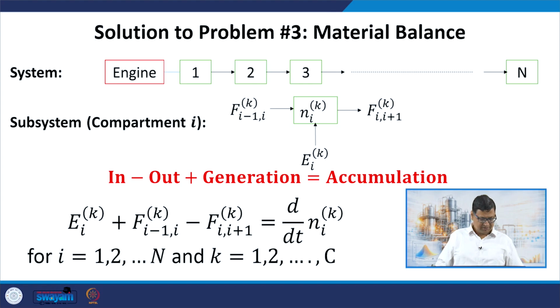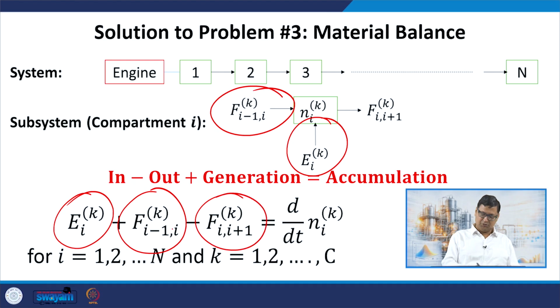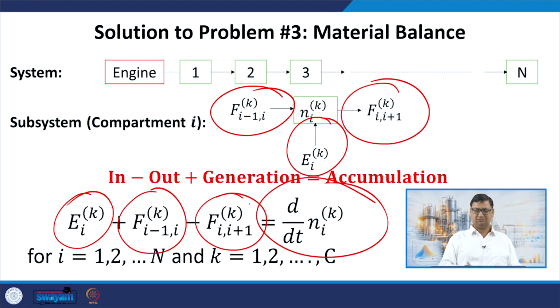So, then I can go ahead and write the material balance. This is the number of people coming into the compartment at stations, then coming into the compartment from the other compartment, this is the number of people going out of the compartment, and this is the net accumulation of people in the compartment, which can be positive or negative.